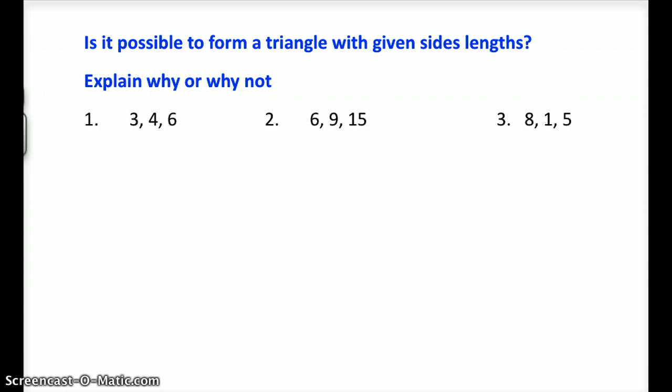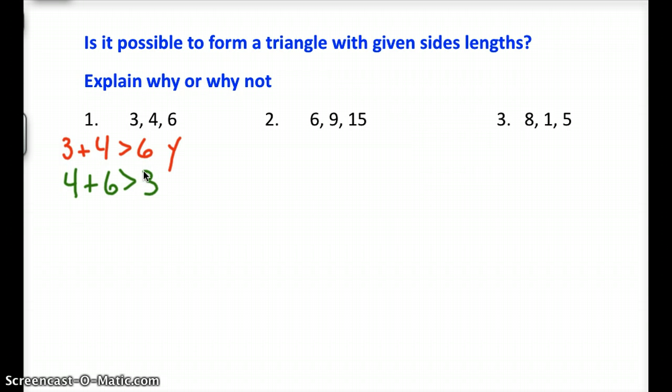The triangle inequality theorem says add the 2 sides together and they have to be greater than the third side. So I need to take 3 plus 4, and it needs to be greater than 6. Is 3 plus 4 greater than 6? Yes. Then I add the next 2 together, 4 and 6, and it needs to be greater than 3.